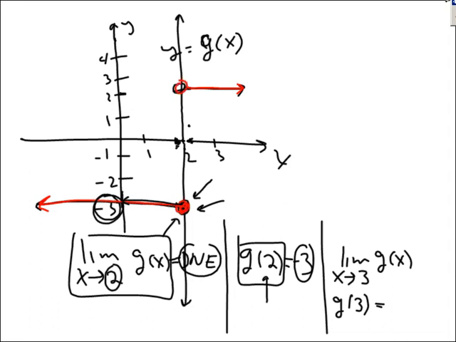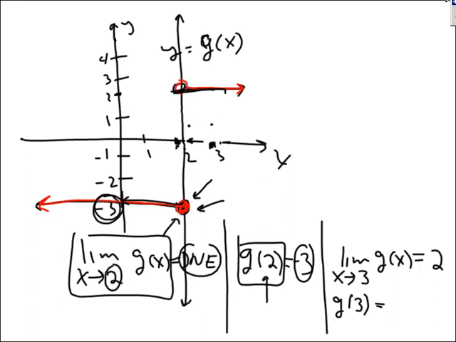Okay, when x approaches 3 now, if you're a little bit below 3, the y values are 2. If you're a little bit more than 3, the y values are 2. This limit is 2. Now, what is g of 3? Well, let me just erase a little. And let's find out what g of 3 is.